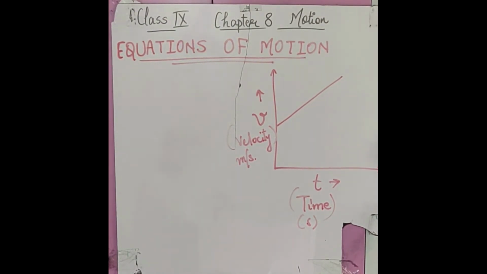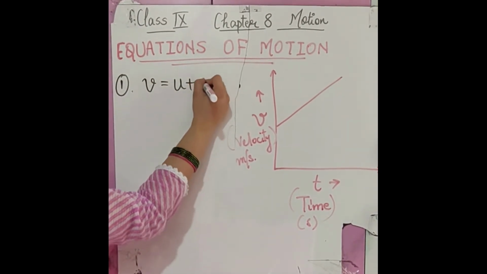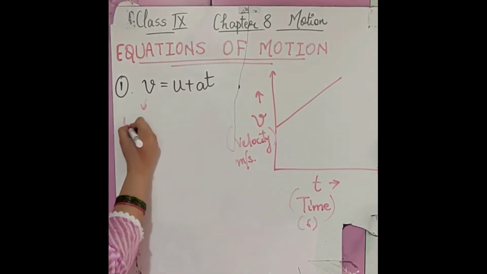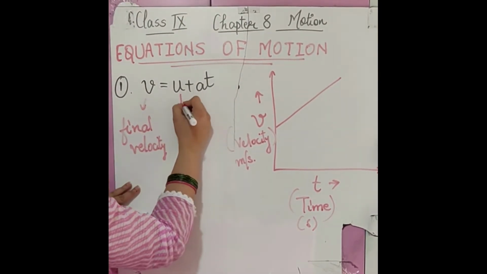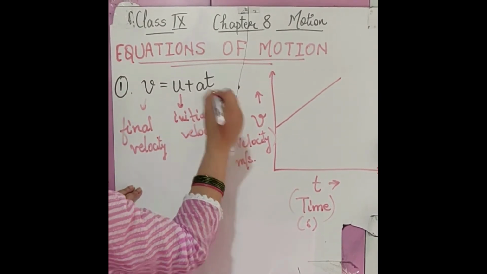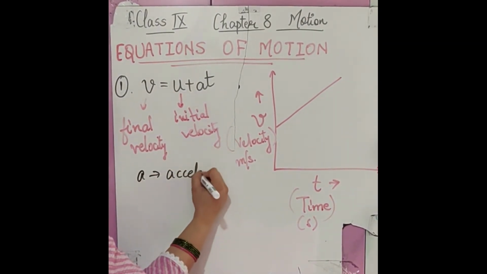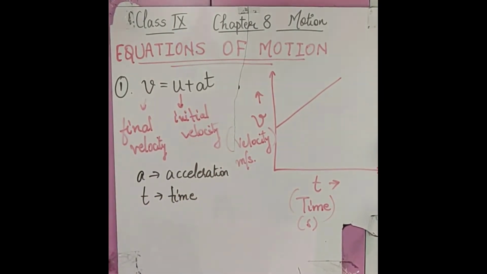The three equations of motion that we have are, the first one is V is equal to U plus AT. V is the final velocity, U is the initial velocity of the object, A is the acceleration of the object and T is the time.